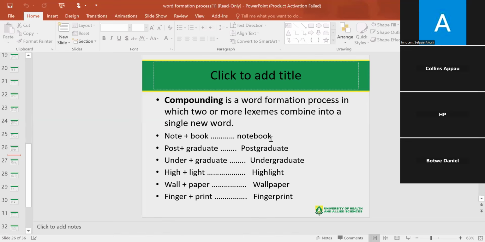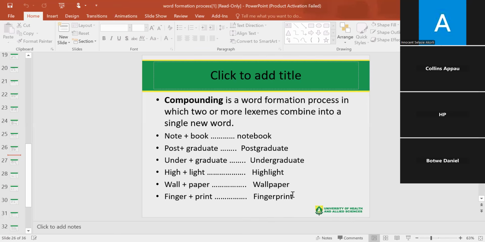When it's written, it appears as though it's one word, no space, no hyphen. Postgraduate, some people write it as one word. Highlight, that one must be one word. Fingerprint.